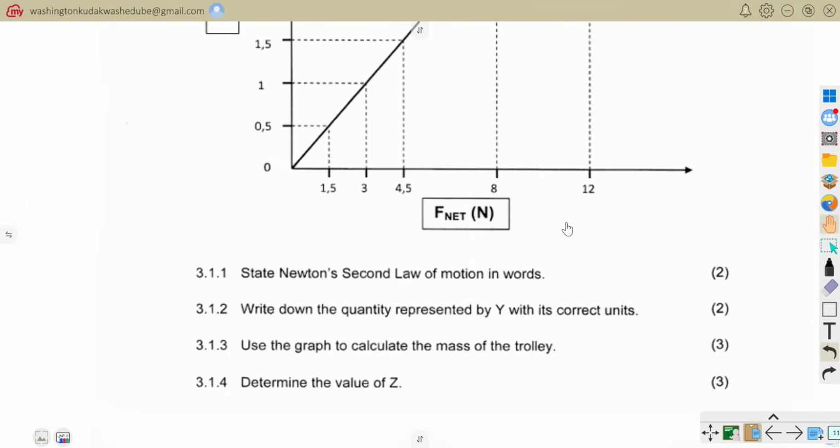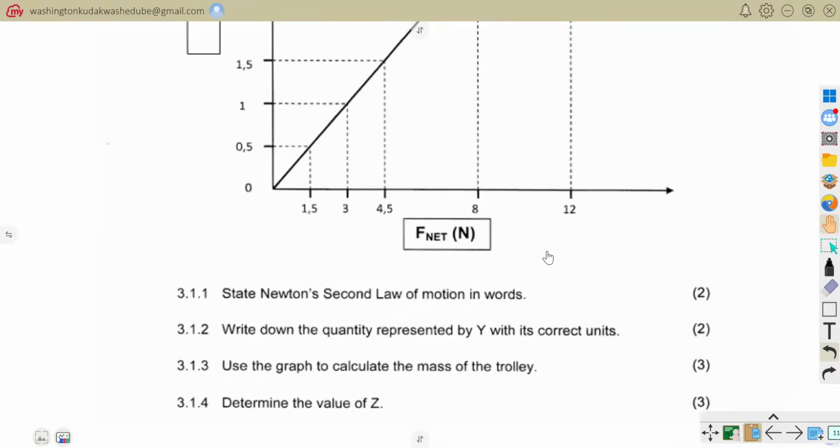State Newton's second law of motion in words. What does Newton's second law state in words?